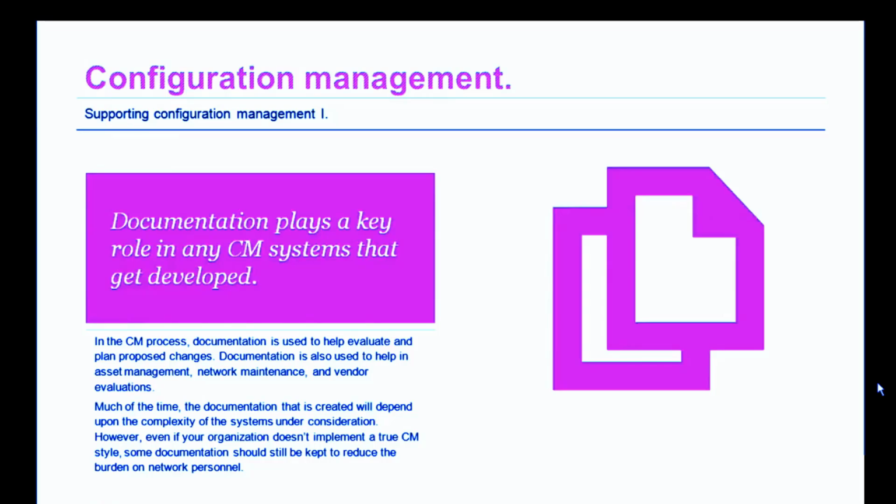The documentation that is created will depend upon the complexity of the systems under consideration. However, even if your organization doesn't implement a true CM style, some documentation should still be kept to reduce the burden on network personnel and to ease administrative management of the network.